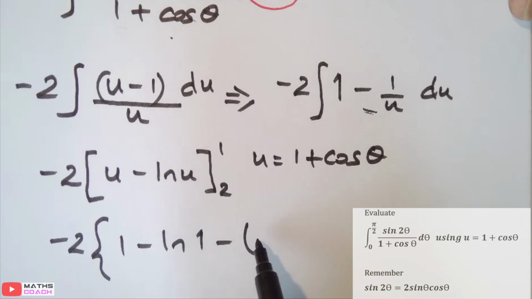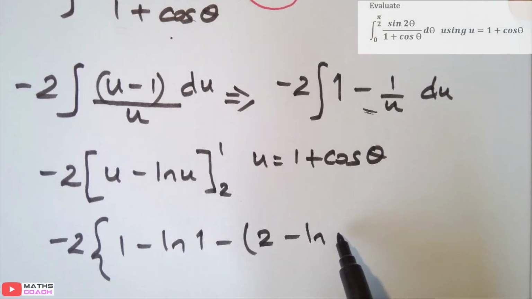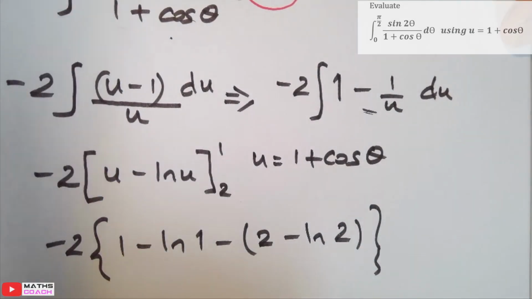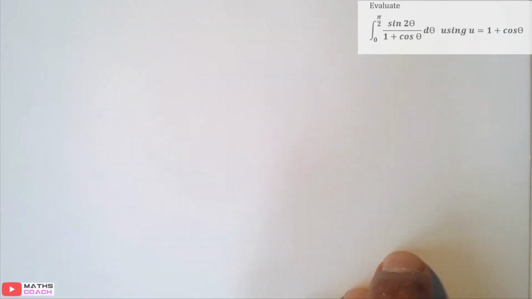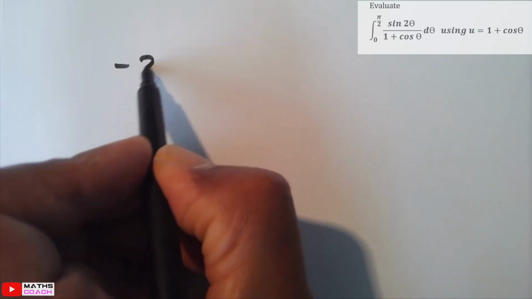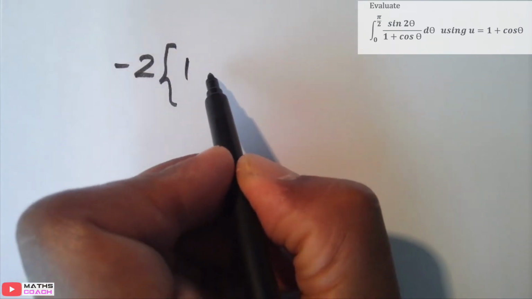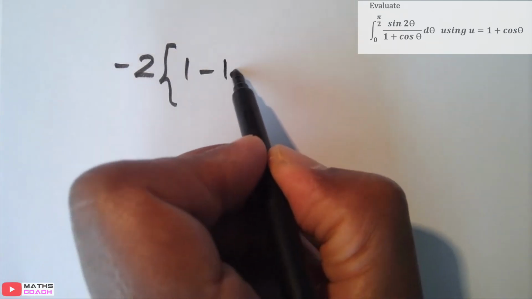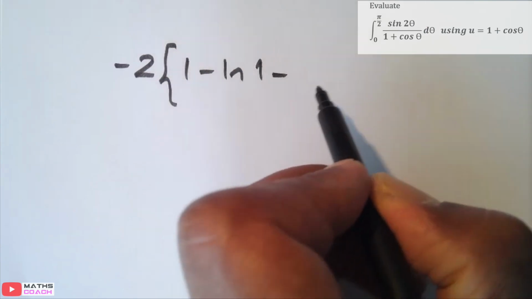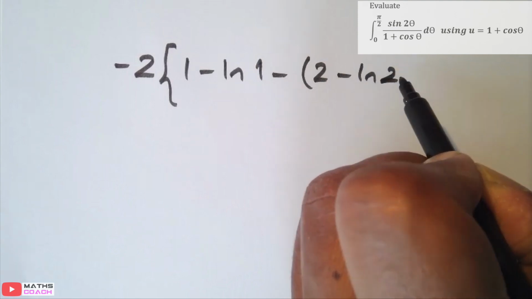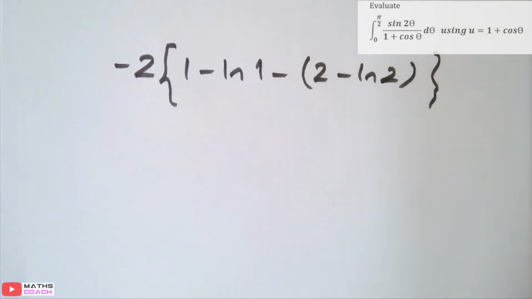So we're going to put 2 in: 2 minus ln 2, close bracket, and then close the big bracket. Okay, I'm just going to write that out again. Minus 2, in brackets, 1 minus ln 1 minus, open bracket, 2 minus ln 2, close bracket, and close the outside bracket.